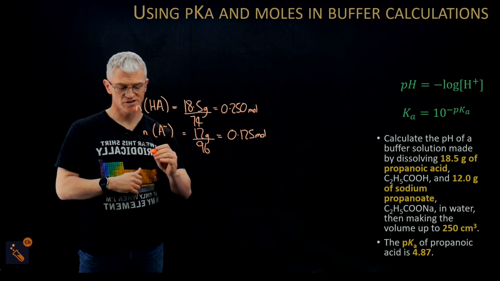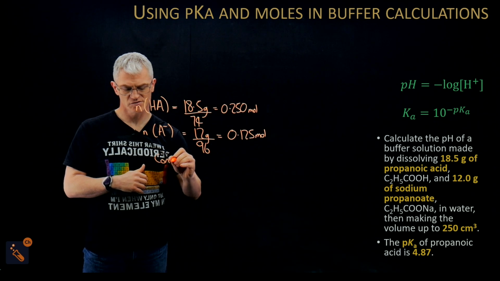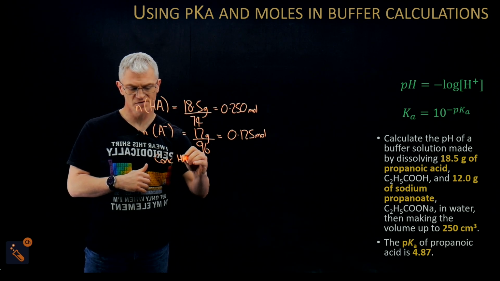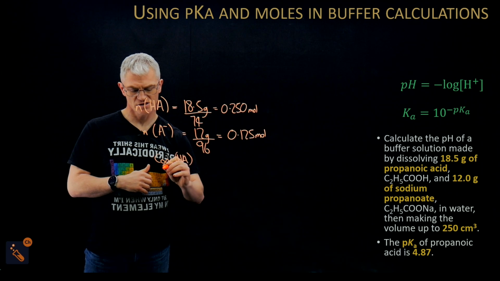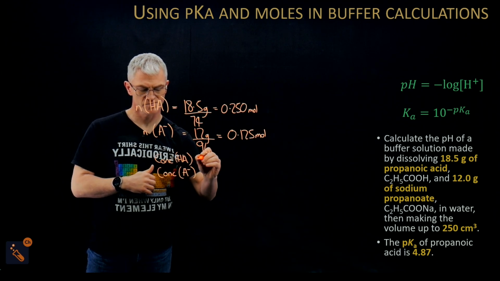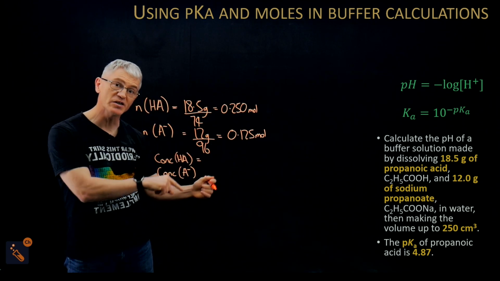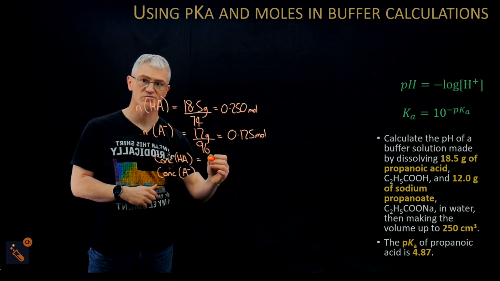Now we need to work out our concentrations. I'm going to do the concentration of HA first, and then the concentration of my A-. We know it's moles divided by volume, as we've done in the previous ones.